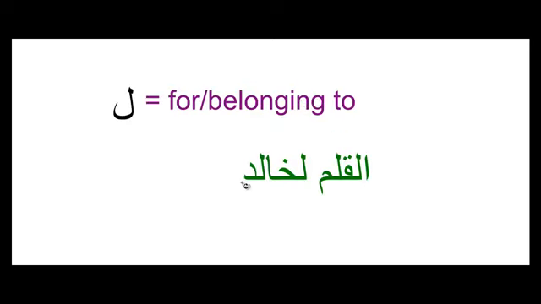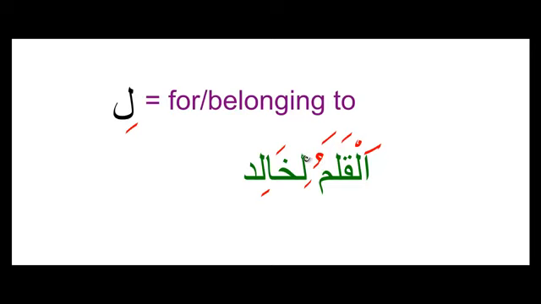So the first one is lam or li, and it means for or belonging to. For example, here we have al-qalamu li Khalid. Now for this dal, the question is, what do I put here? I put dhamma at the end of qalam because it's the default.